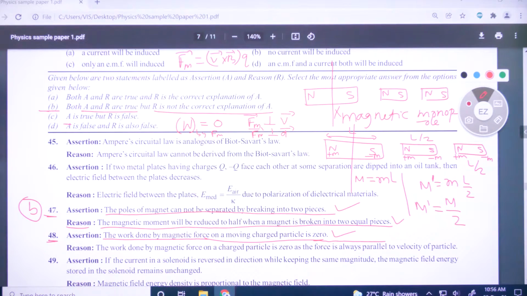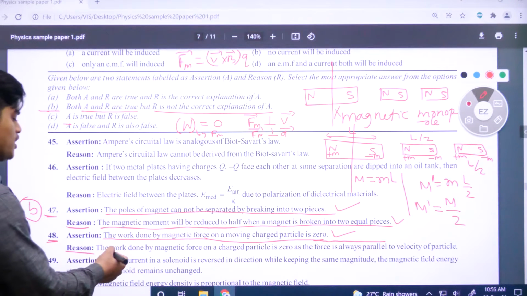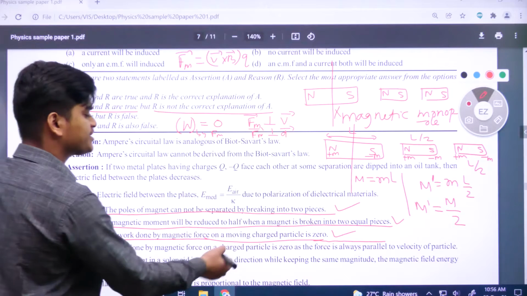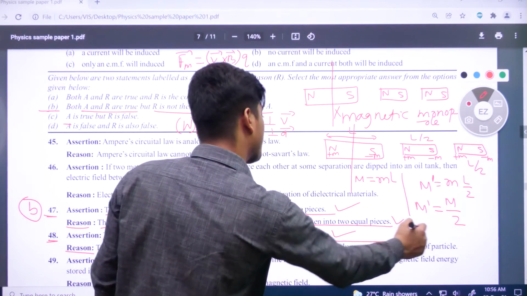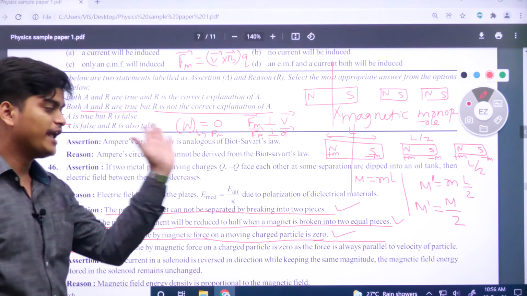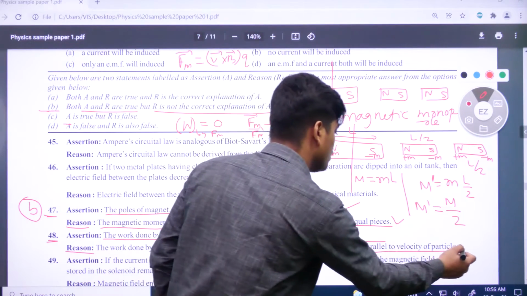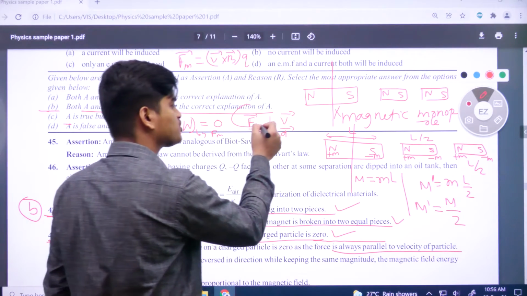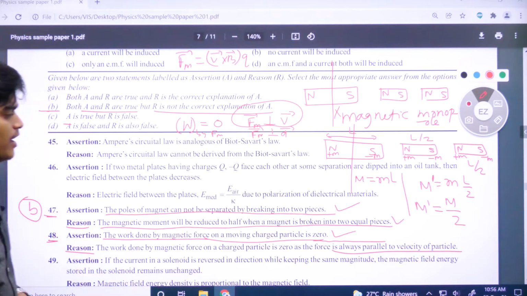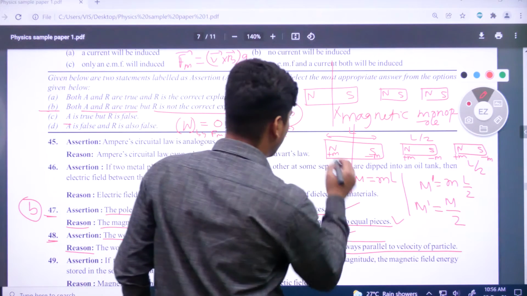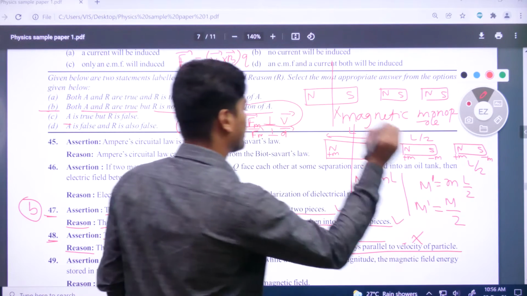Now see whether this reason is a correct explanation or not. Here it says the work done by magnetic force on a charged particle is 0 as the force is always parallel to the velocity of the particle. This one is not correct actually. I told you, always remember the magnetic force is always perpendicular to the velocity, not parallel to it. So this statement is not correct.